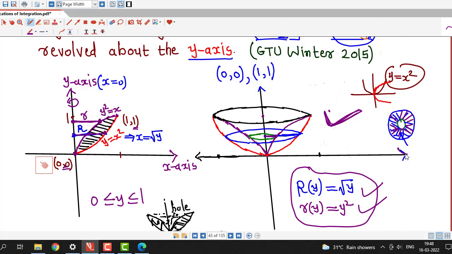We are considering the sketch of a three-dimensional solid in a two-dimensional plane. So this is just for understanding, and from this we may get the idea that the cross section is going to be a washer, and we have to decide the outer radius and inner radius for that washer, and we can decide that in this way.